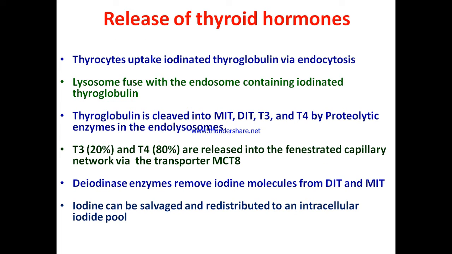Release of thyroid hormone. Thyrocytes take up iodinated thyroglobulin via endocytosis. Lysosomes fuse with endosomes containing iodinated thyroglobulin. Thyroglobulin is cleaved into MIT, DIT, and T3 and T4 by proteolytic enzymes in the endolysosomes.